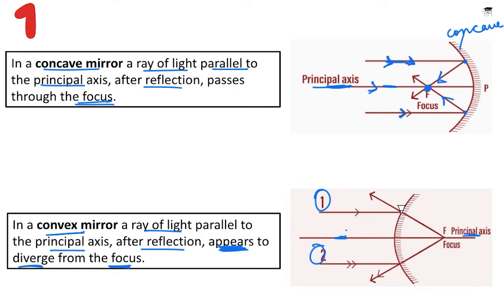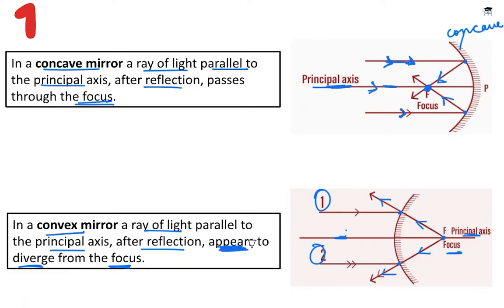After reflection from the mirror, ray 1 moves in this direction and ray 2 moves in this direction. But look here, it appears as if both of these rays are emerging or diverging from this point, the focus.